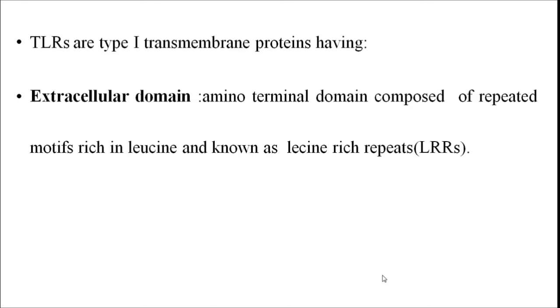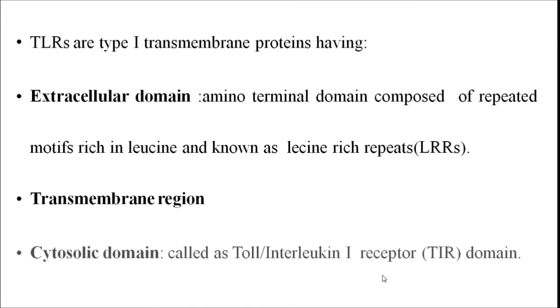These toll-like receptors are type 1 transmembrane proteins, that is, they have an extracellular domain, a transmembrane region, and a cytosolic domain. The extracellular domain mainly consists of the amino terminal. The amino terminal domain is composed of repeated motifs which are rich in leucine amino residues, and as they are rich in leucine residues, they are also known as leucine-rich repeats.